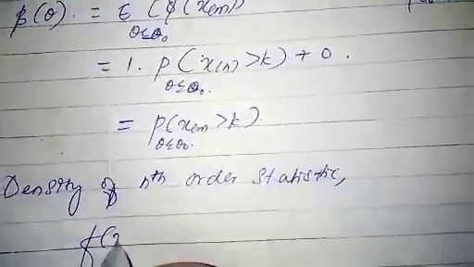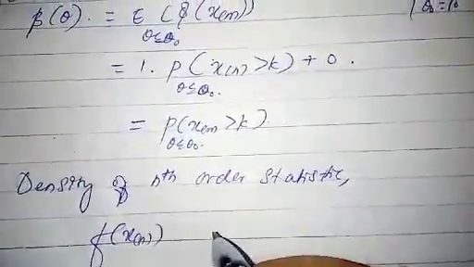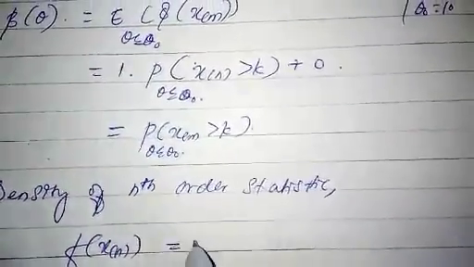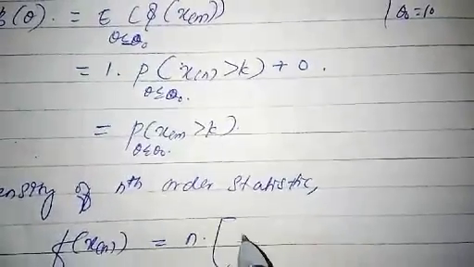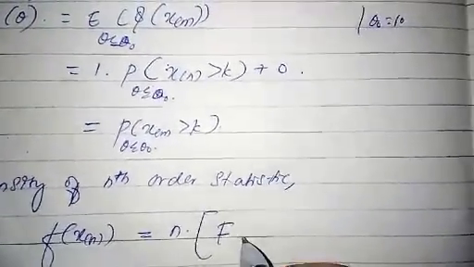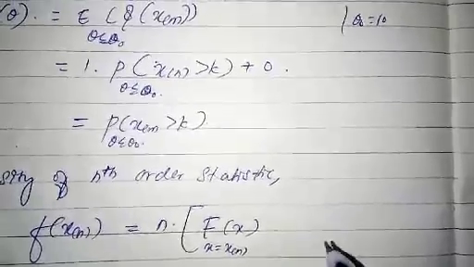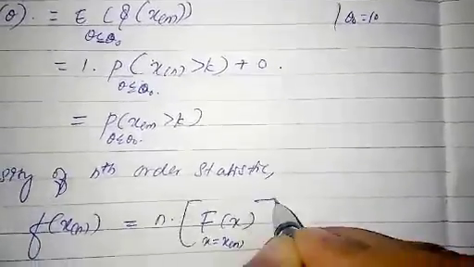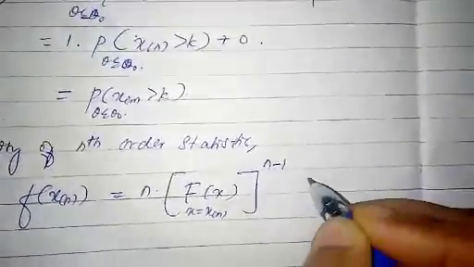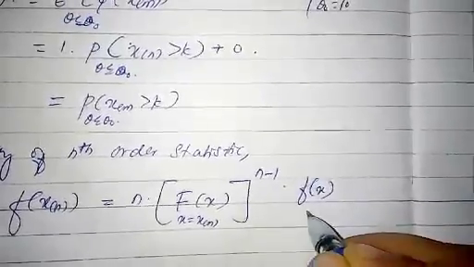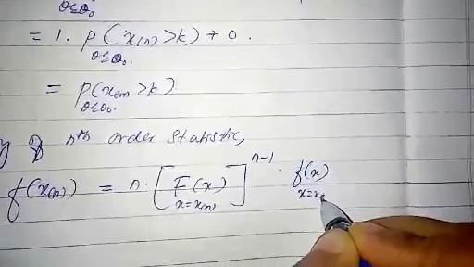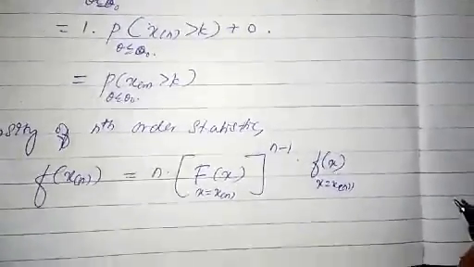That is f of Xn equal to n into capital F of x, here x equal to Xn, to the power n minus 1, into small f of x, where x equal to Xn, right?